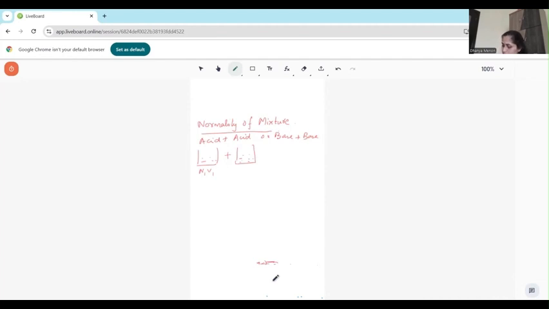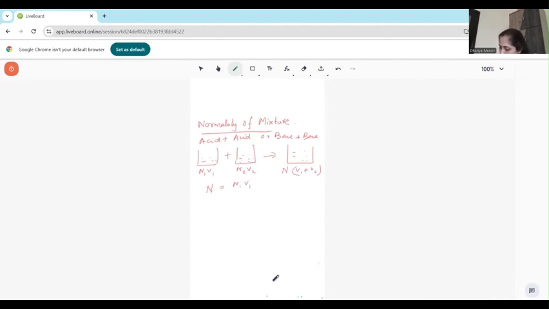Obviously, when you mix both of them, the volume will definitely increase, right? So I'm getting a mixture whose volume is V1 plus V2 and whose normality is N. How to find the normality N of the mixture? We do something similar to what we did in molarity. N is given by (N1 V1 plus N2 V2) divided by (V1 plus V2).